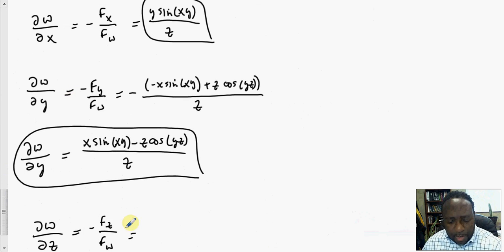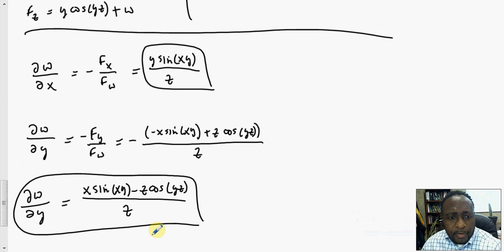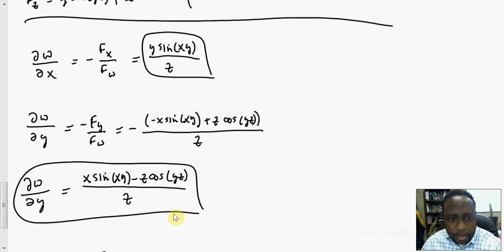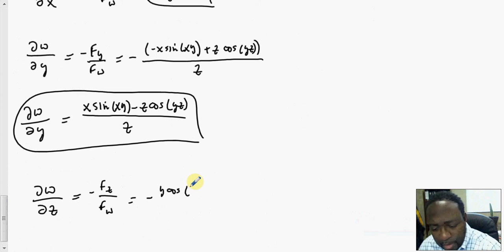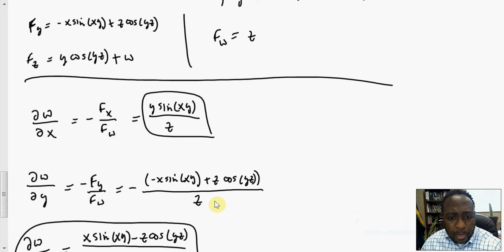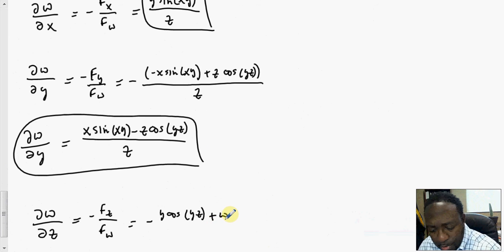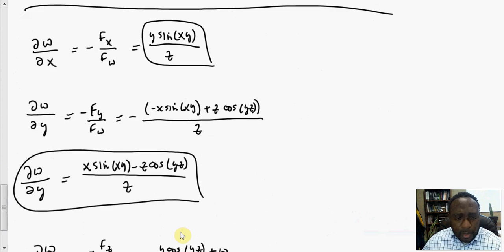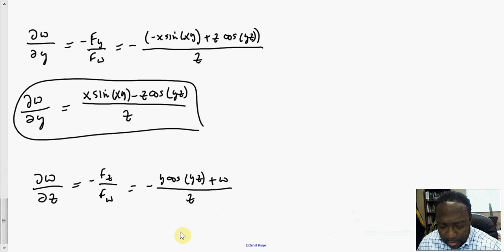So this is negative y cosine of yz plus w, and that's all over z. And that's just good, just the way it is.